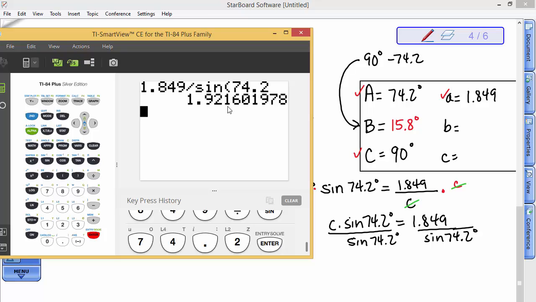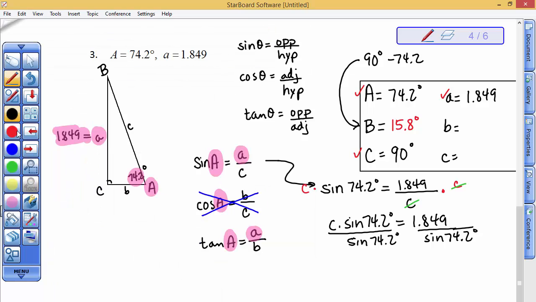I'm going to round to that spot right there. So side C is 1.922. I'm also going to go fill it in on my table. And I just want to show you some algebra here. I'm going to cross those off. That's how I got side C, by dividing both sides by the sine of 74.